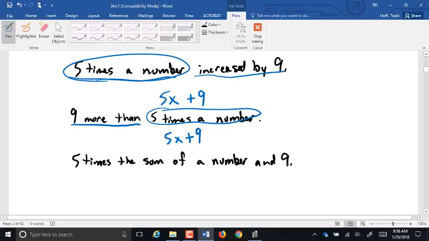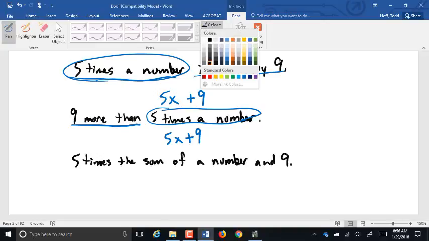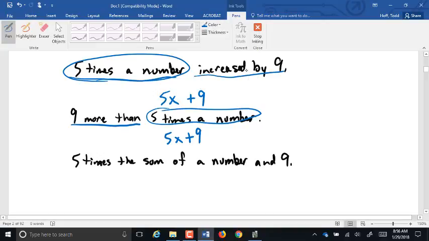How about this one? 5 times the sum of a number and 9. This one looks like it might be the same as those first two. There's a very important difference.